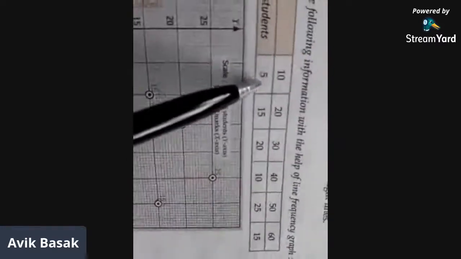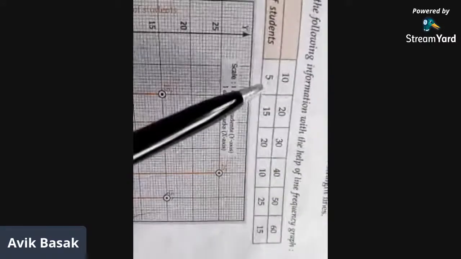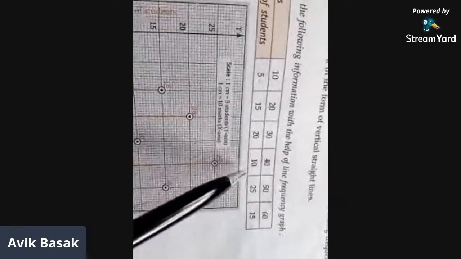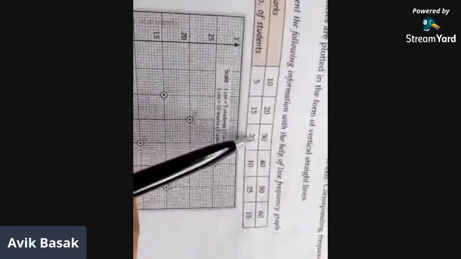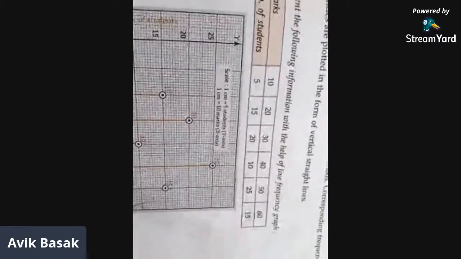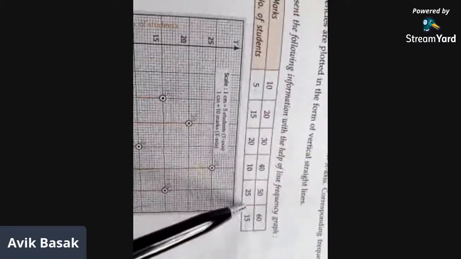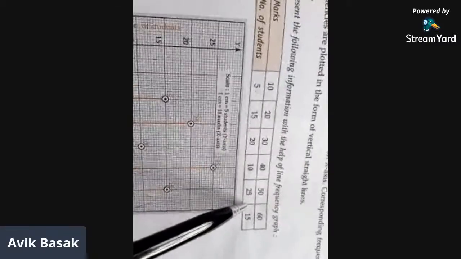Now students, see the denomination, how the students are divided: 5, 15, 20, 25, 10, sorry, 10, 25, 10, 15. You can see all are divisible by 5.